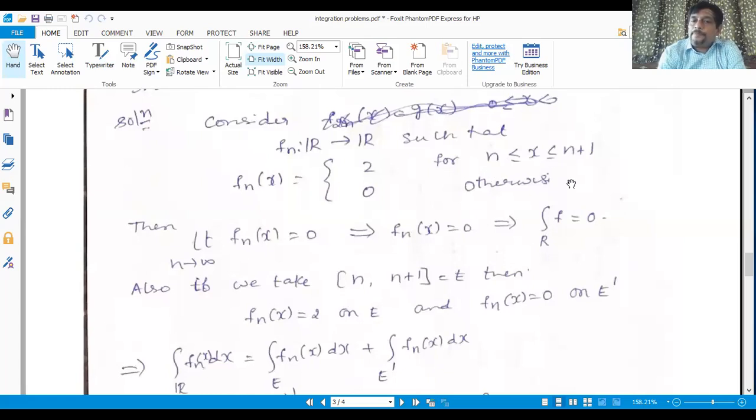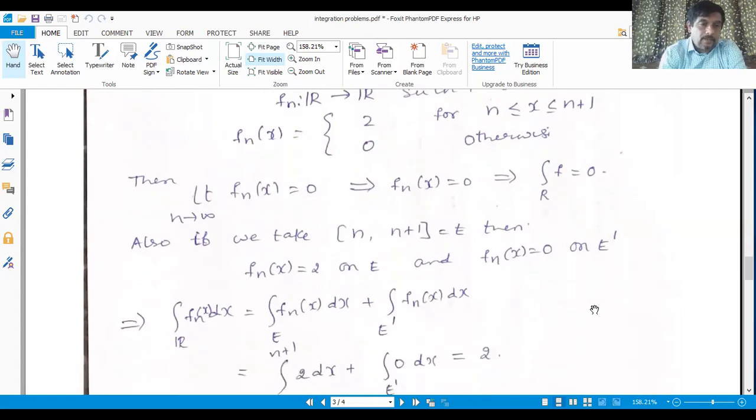Here the interval n to n plus 1 is taken as the set E, a measurable set. Then f_n of x is equal to 2 on E, and on the complement E dash, f_n of x is equal to 0.